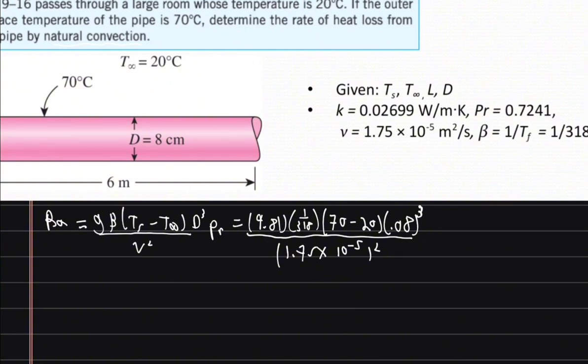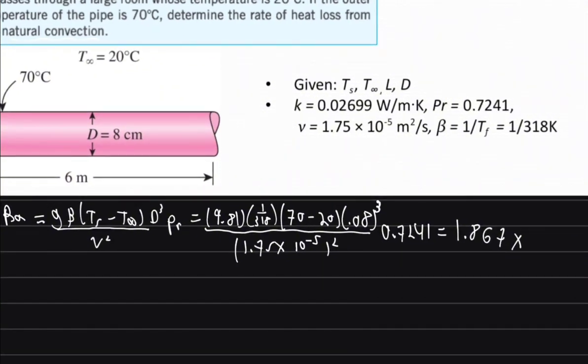And then we multiply by the Prandtl number, which we're given, 0.72. Alright, so let's type all of this into our calculator. We get 1.86767 times 10 to the 6th.